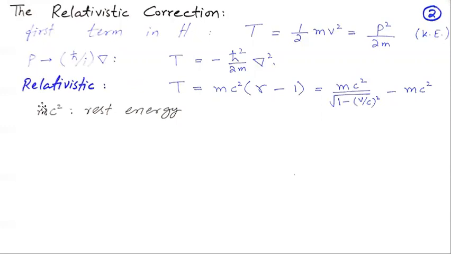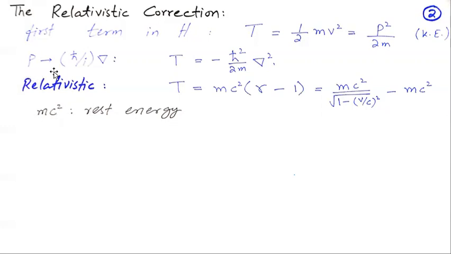From our modern physics, we know that the relativistic kinetic energy is mc square into gamma minus 1. In this expression, gamma is the Lorentz factor and its value is 1 over square root 1 minus v over c whole square.